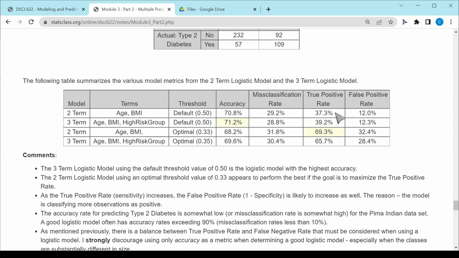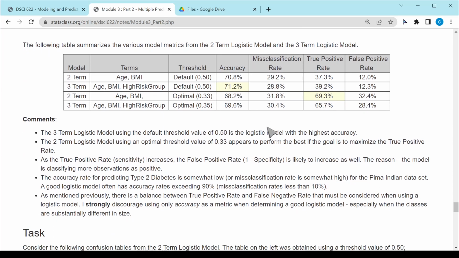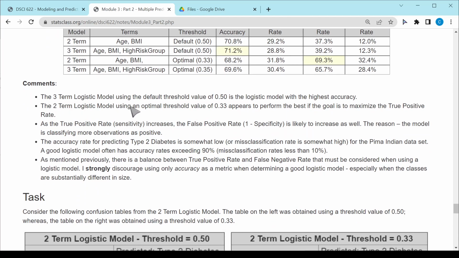If you want to maximize your true positive rate, then the model that you should use is the two-term model using its optimal threshold value of 0.33. Now, we do lose a little bit in terms of the accuracy, but we gain a lot in the true positive rate. Okay, just some final comments here.